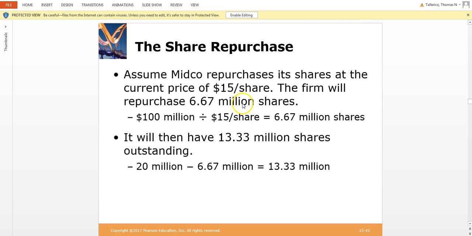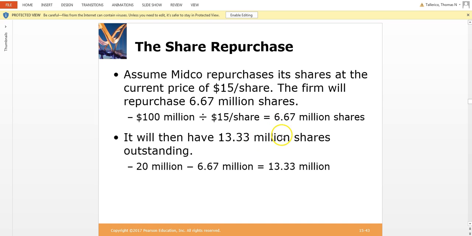All right, so what happens if they purchase the shares at the current price of $15 a share? They're going to end up repurchasing 6.7 million shares. And how do I get that? Basically, it's 100 million divided by $15 a share. So instead of having 20 million, it'll have 13.3 million shares outstanding.